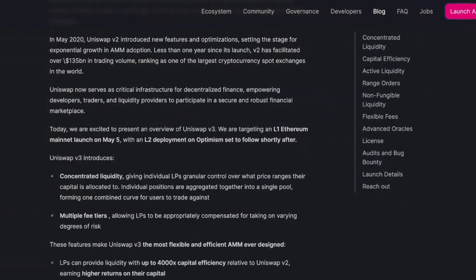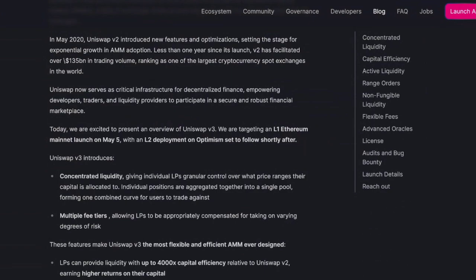And then when it slips out of that price range, your liquidity doesn't really serve as liquidity for a swap. And then with that comes the side effect that LP positions, so liquidity provider positions, are no longer fungible, or they're no longer interchangeable.